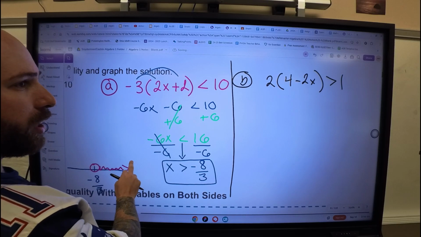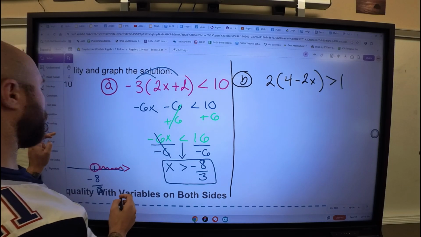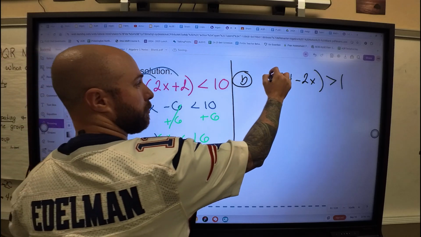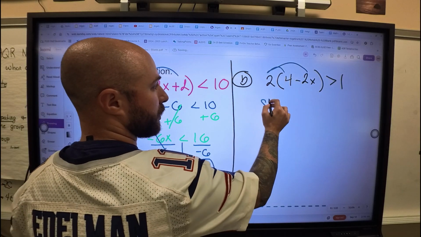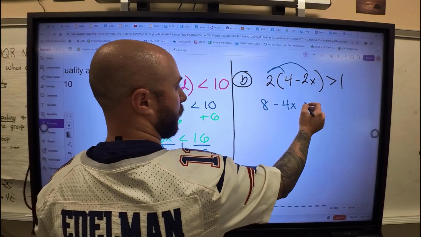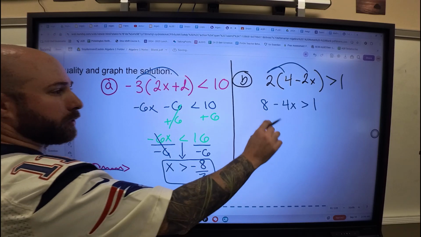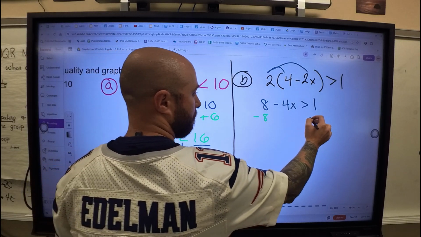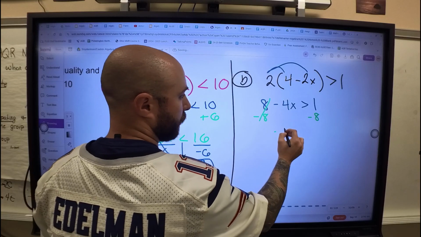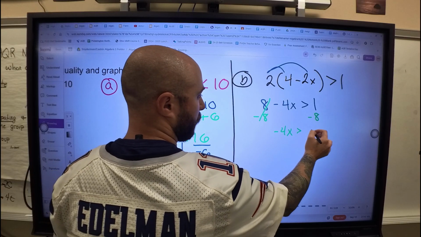We're going to do the same steps, same process here. Let's distribute. Gives us 8 minus 4x is greater than 1. Let's subtract our constant term. Subtract the 8. Gives us negative 4x is greater than negative 7.